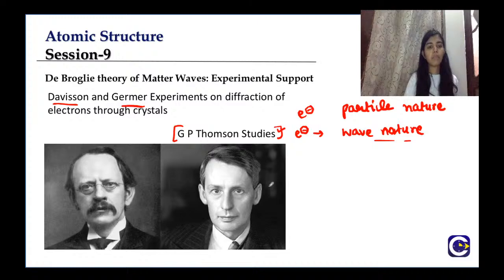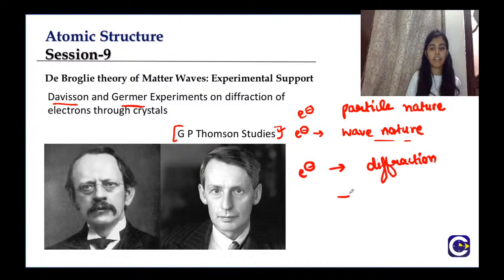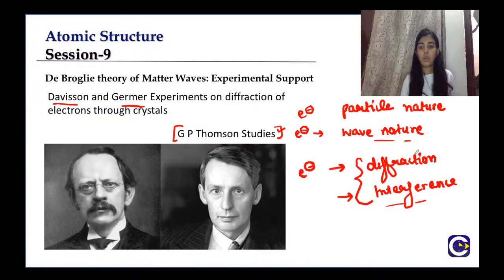So for practical evidence of the dual nature of the electron, more and more experiments were carried out. It was found that electrons undergo diffraction as well as interference. This was found by experiments done with electrons, right?